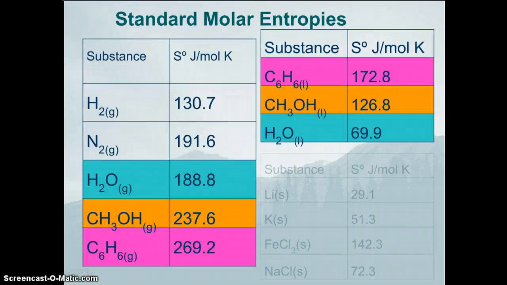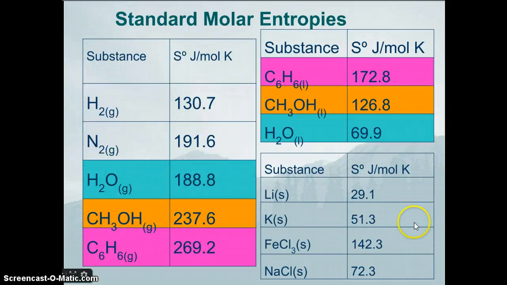Just for comparison's sake, I wanted to show you some standard molar entropies. This is in joules per mole Kelvin. Here we have hydrogen gas, which is a very simple, small molecule and has a relatively good-sized entropy, and nitrogen is small.